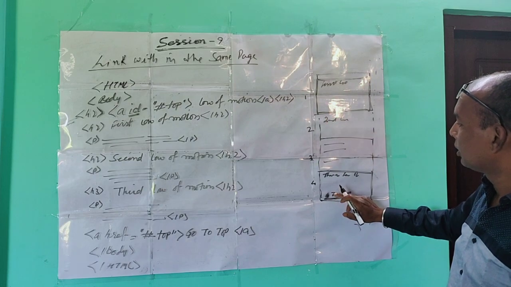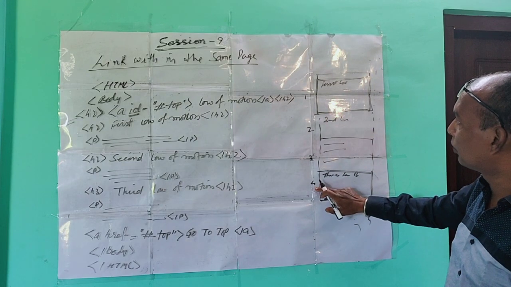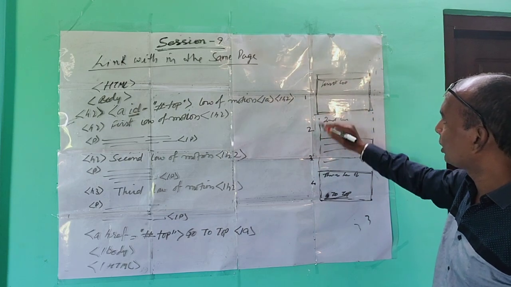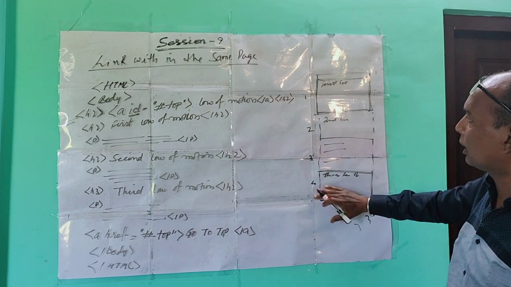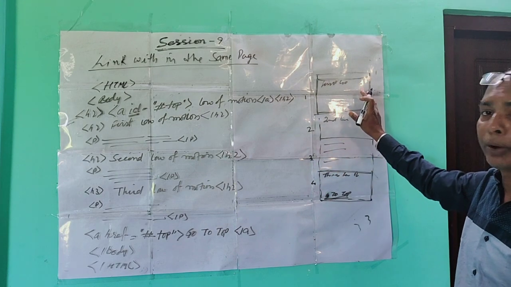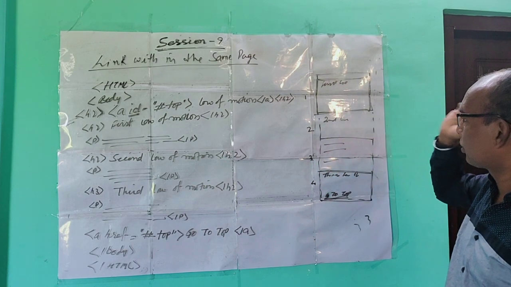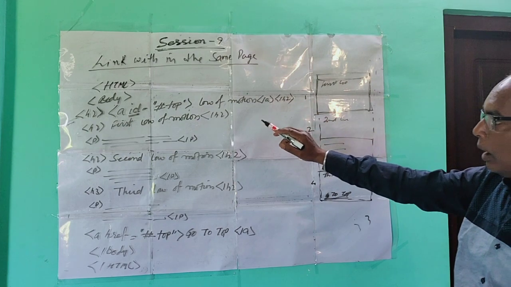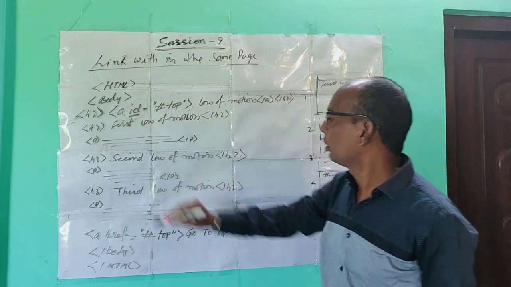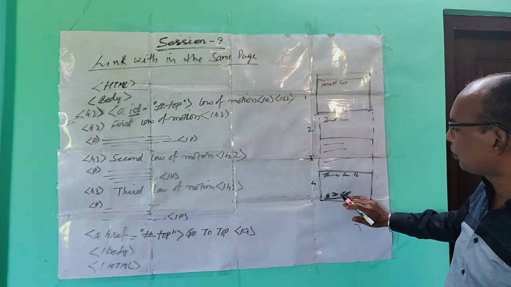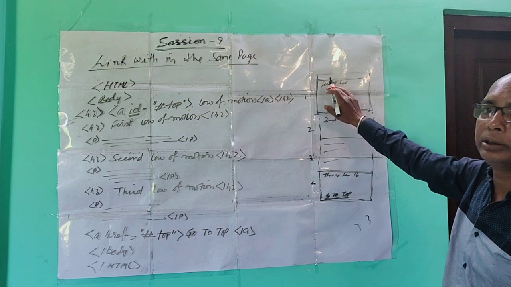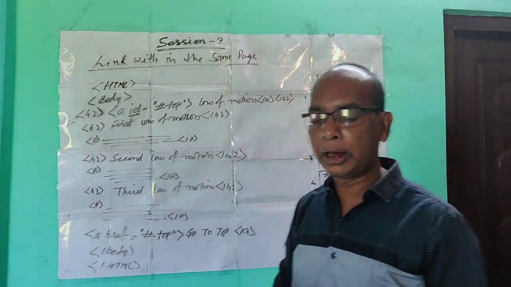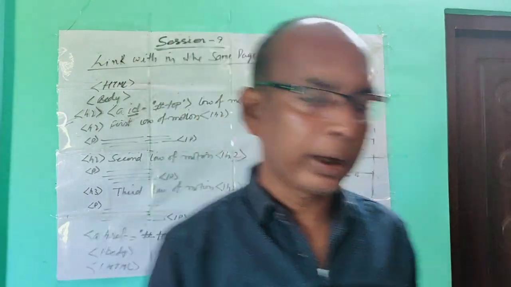Click here, and it will jump directly from page 4 to page 1. Because the whole document has 4 pages and cannot be displayed at a time in a web browser, in that case we have to link within the same page by using the ID attribute. When you click here, you can jump directly from here to here. So in this way we can create a link within the same page. Okay.